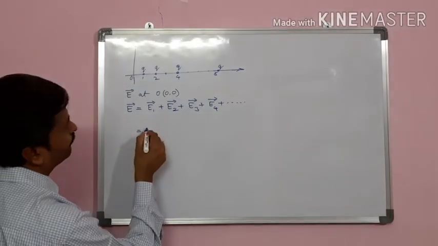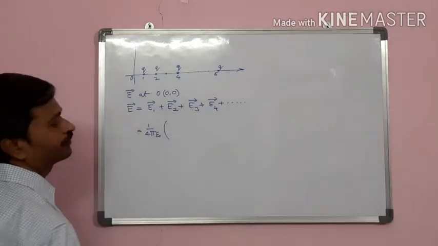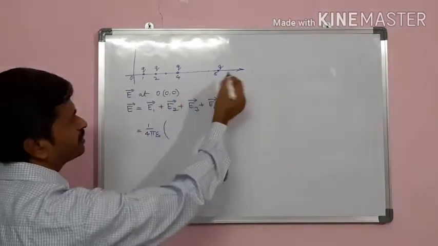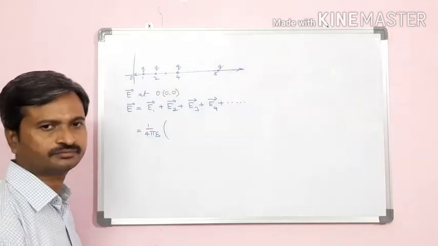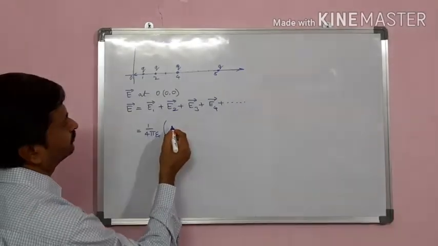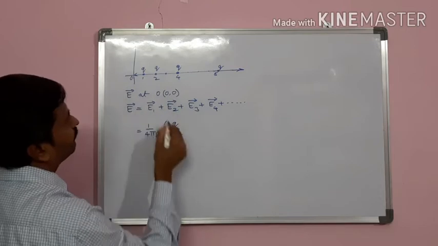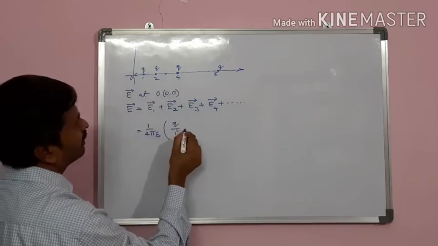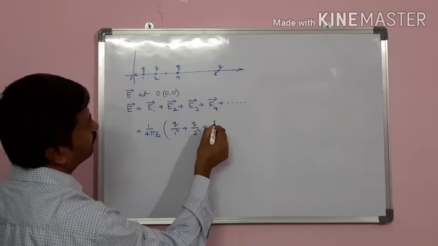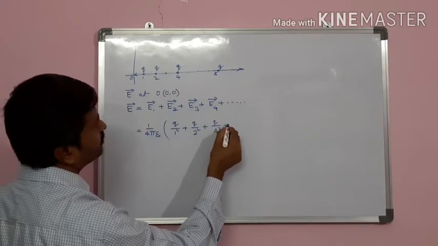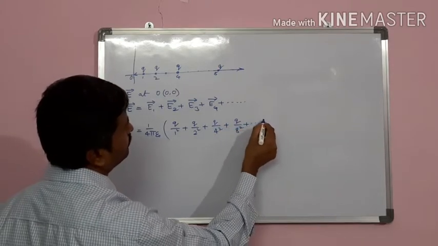So that is equal to 1 by 4 pi epsilon naught is common, and all these are positive charges. The electric field will be in the same direction. So we add them. Then what happens? Q by 1 square plus Q by 2 square plus Q by 4 square plus Q by 8 square plus and so on.